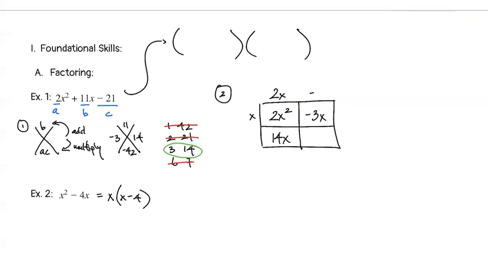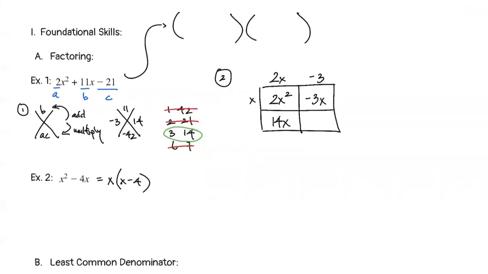Yeah, so we'll put a -3 up here. Okay. Now let's go down to this lower left-hand corner box. I have an area of 14x. How long is this side? 2x. So how long does this side have to be? 7. Good. So we'll put a +7.